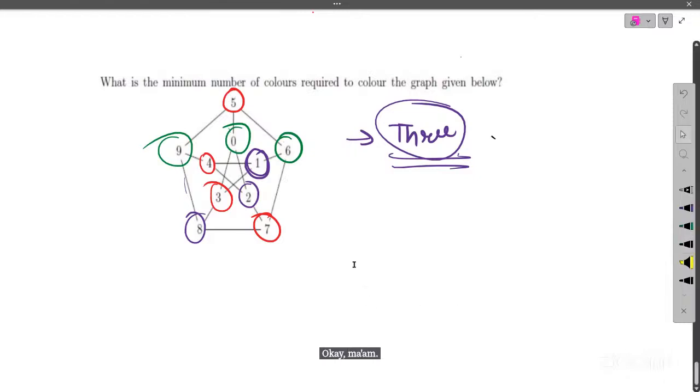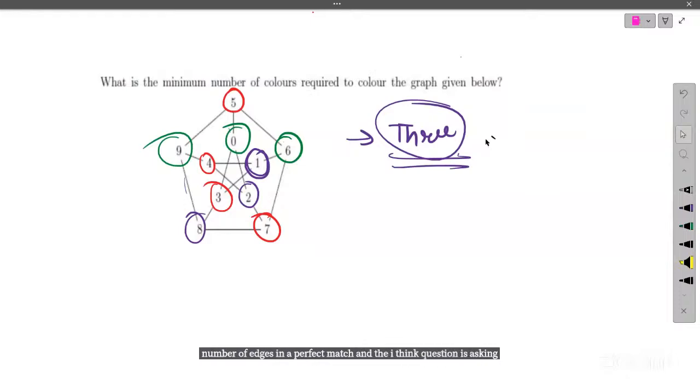Ma'am, in the previous question that Arun has put forward, we only calculated the number of edges in a perfect match, and I think the question is asking the number of possible arrangements. The condition given in the question is that you can marry a person of the same age or one step above or one step below.